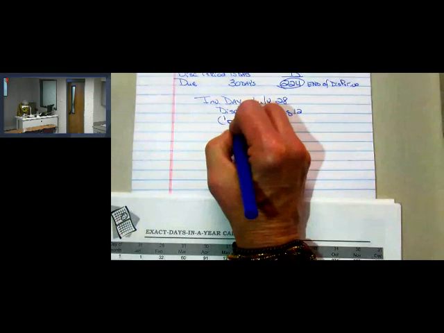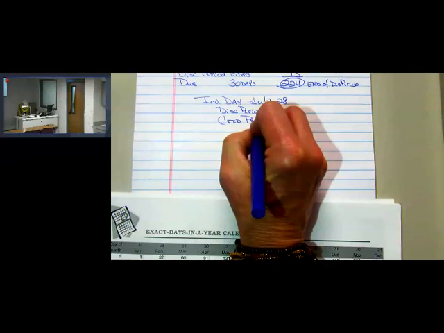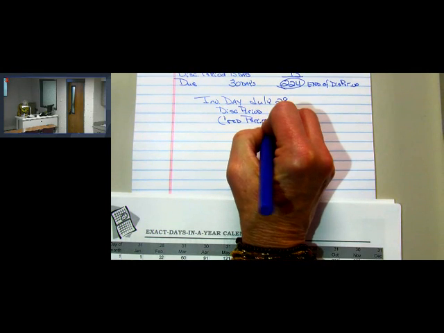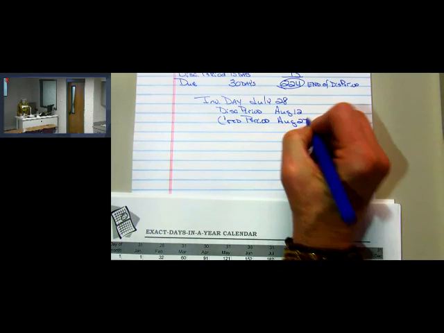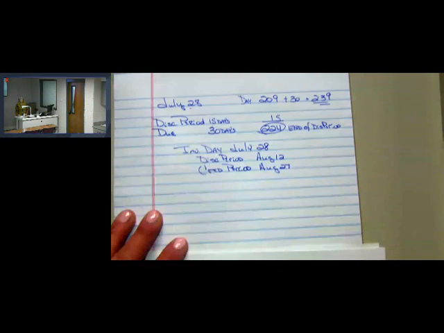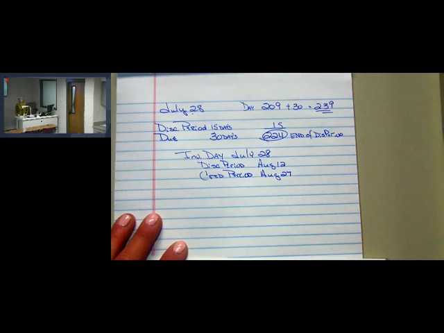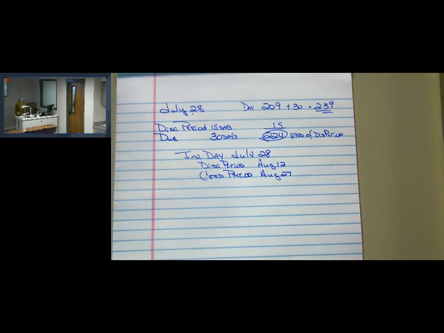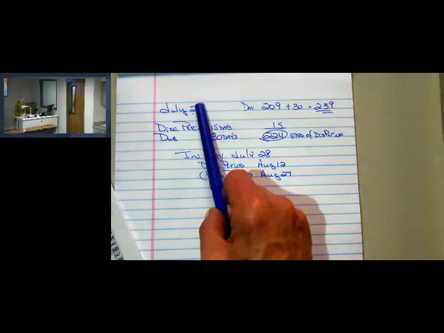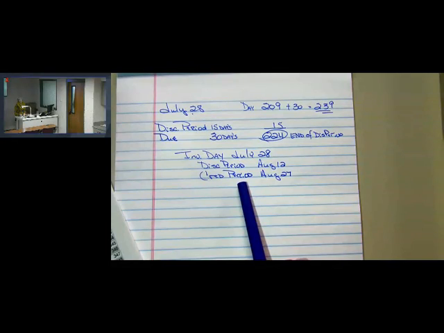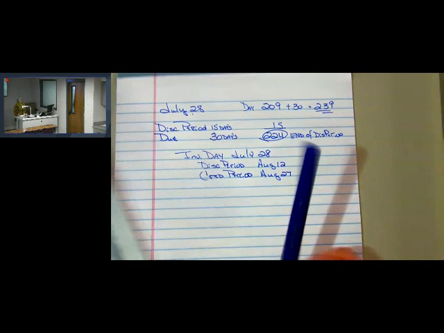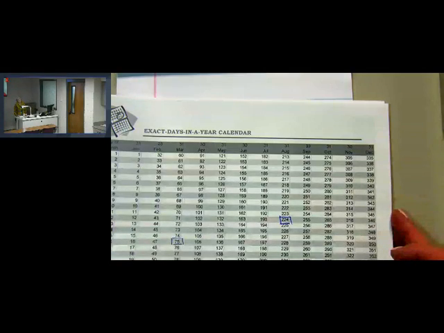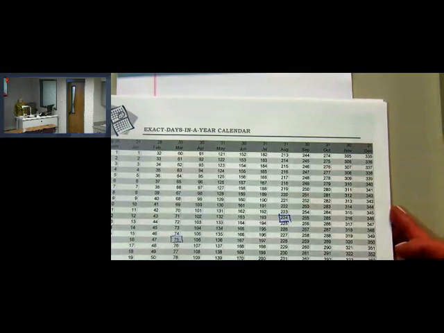So the credit period ends August 27th. Does that make sense? Okay. So again, using the exact days in the year calendar, we're always going to be calculating the discount period, so many days from the invoice date, and then the credit period, when the bill is due. The exact days in the year calendar can give us exact dates for those periods of time.